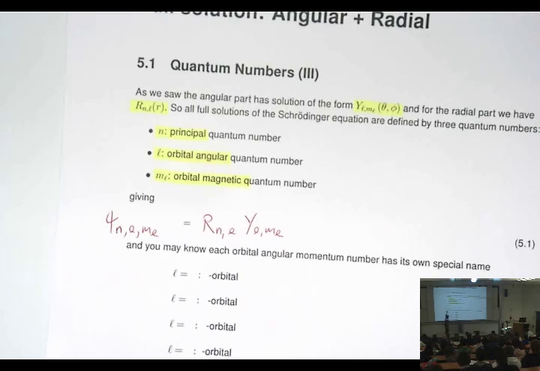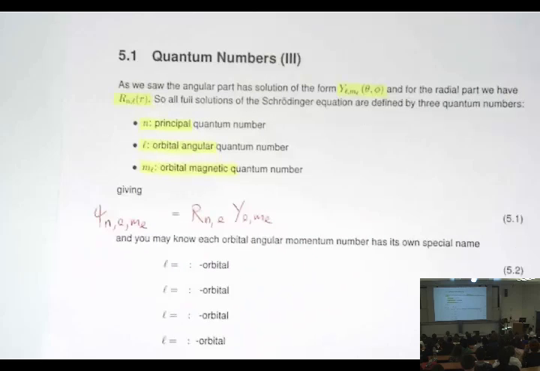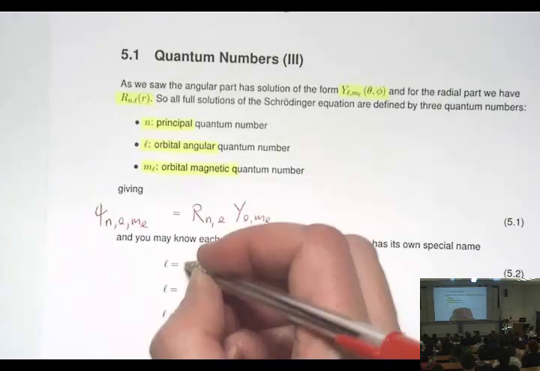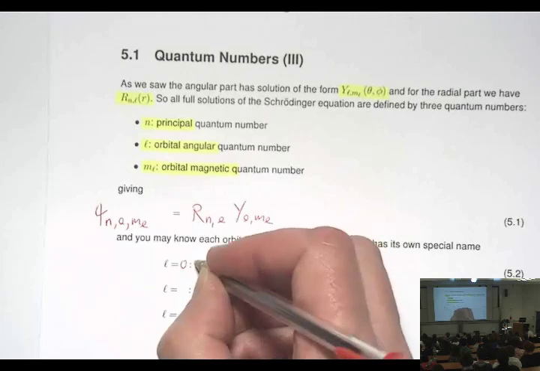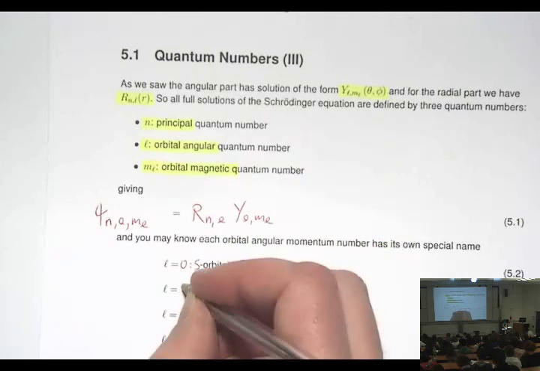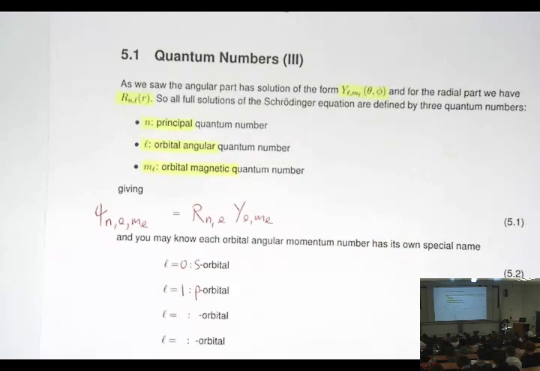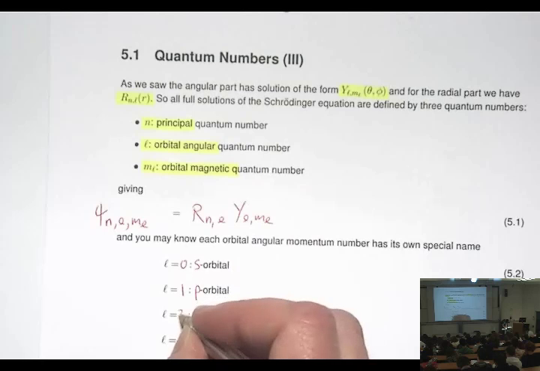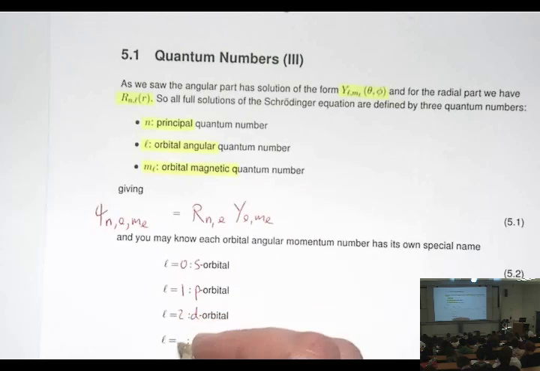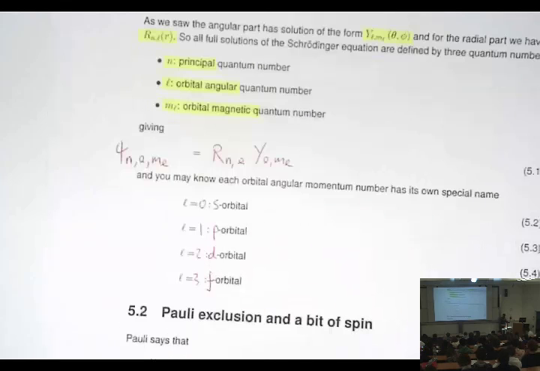Eventually, we just want to write down quantum numbers and play with them without any actual sines, cosines, exponentials. All right, and then we've got the names. So if L equals 0, that's got the name an s orbital. If L equals 1, we call that a p orbital. If L equals 2, it's a d. And if L equals 3, which we never get to, it's an f. So they have names as well as numbers.